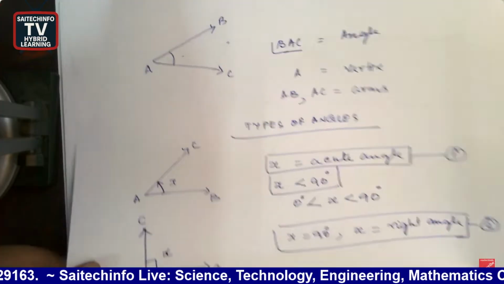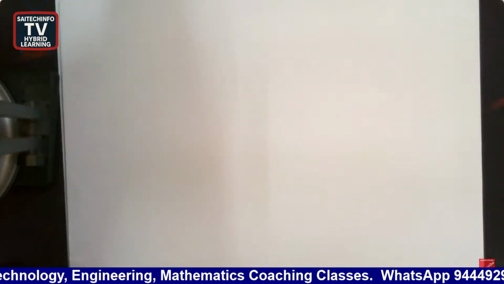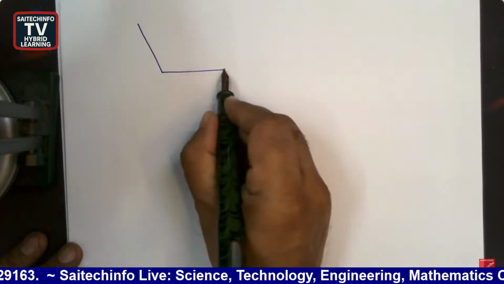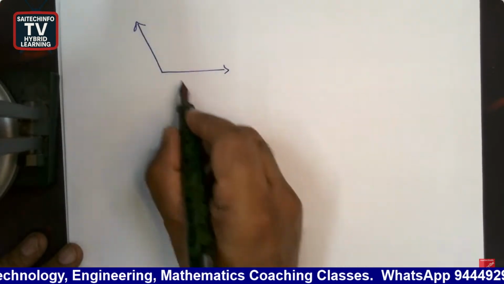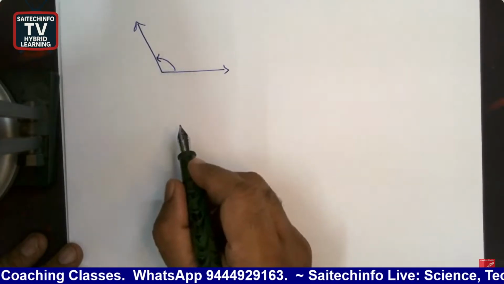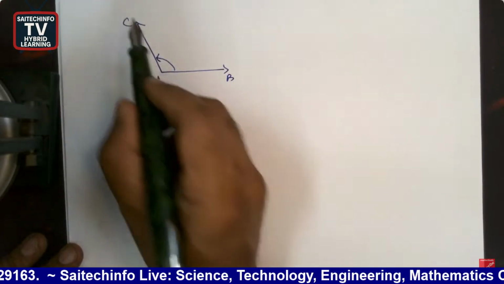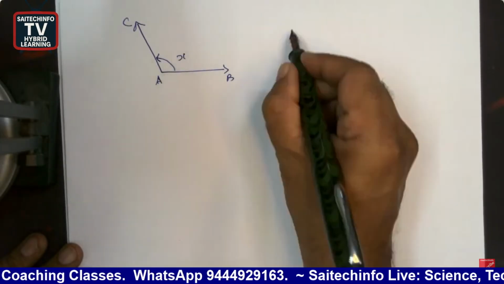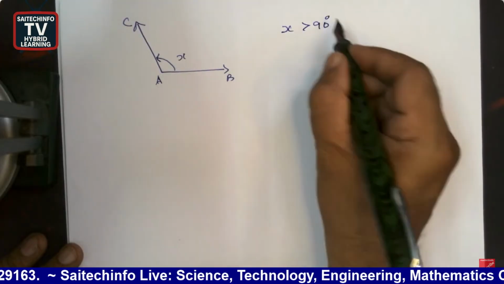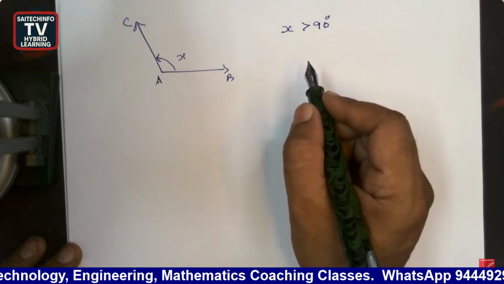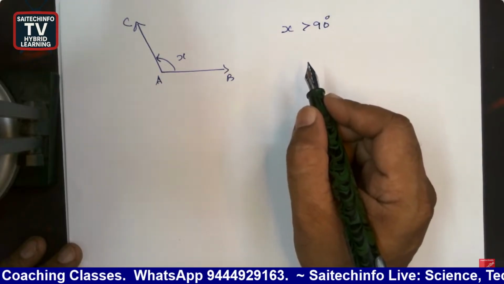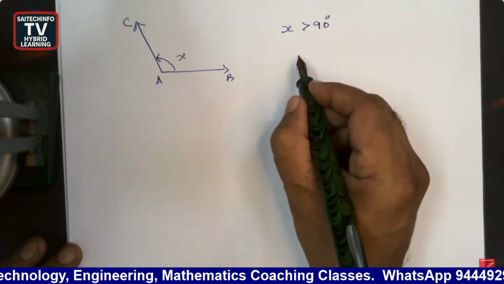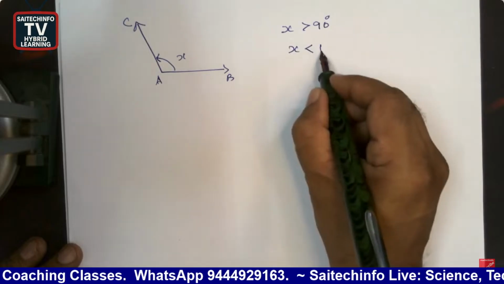Now let us have another type of angle. So here it is above 90 degrees. So A, B, C. The two arms of the angle subtend an angle that is above 90 degrees. It means X is greater than 90 degrees, but it is less than 180 degrees.